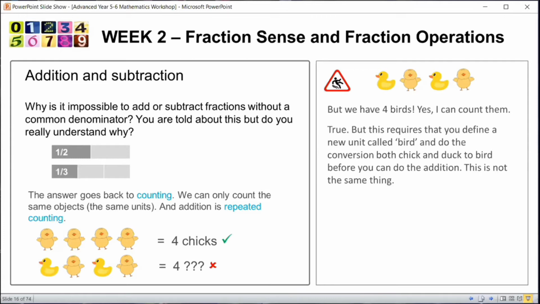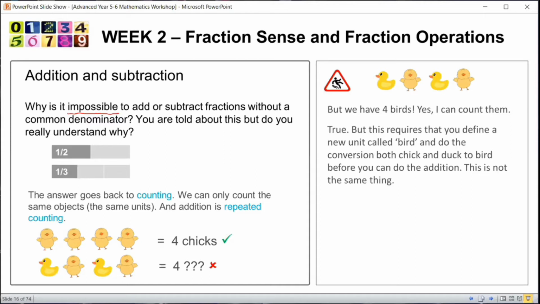All right. Now, how do you add and subtract fractions? The funny thing is adding and subtracting fractions is harder than times and divide. That's a bit funny, but it all comes down to the fact right here. Why is it impossible to add or subtract fractions without the common denominator?